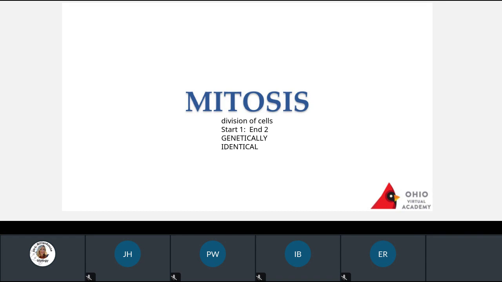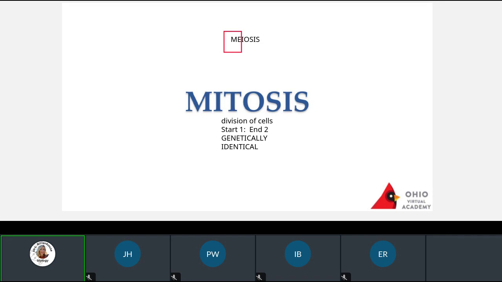So today we are going to look at meiosis. It looks a lot like mitosis. Some people will say it one way, but I'm going to teach you to say it very specifically, because meiosis is how you were created.